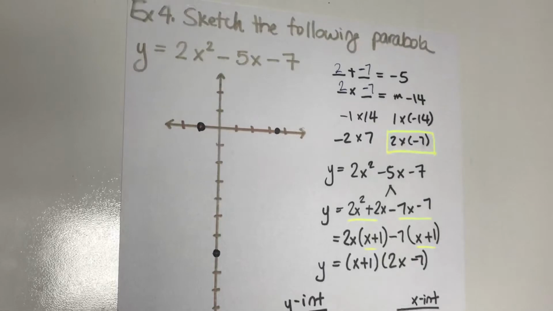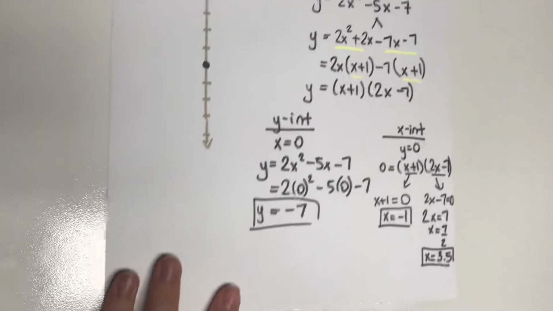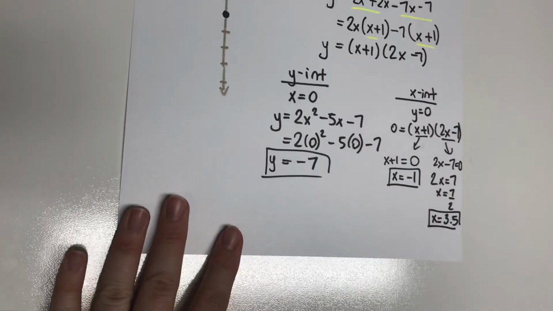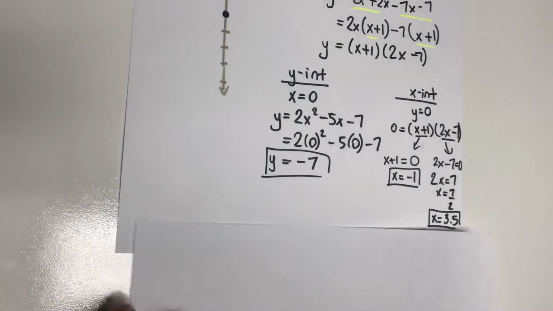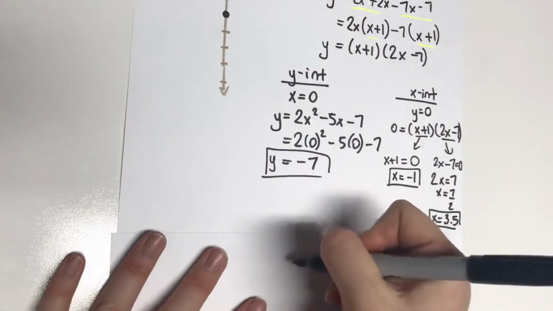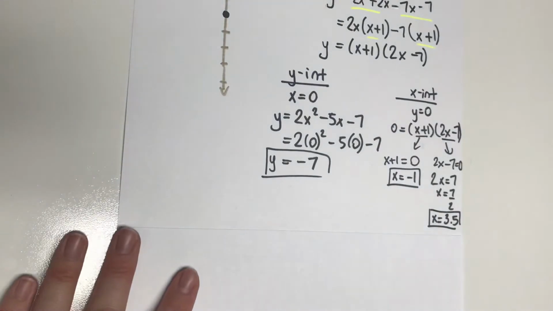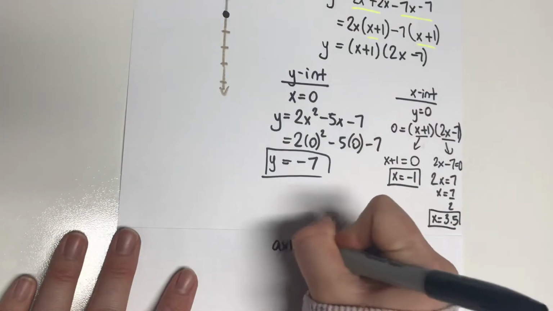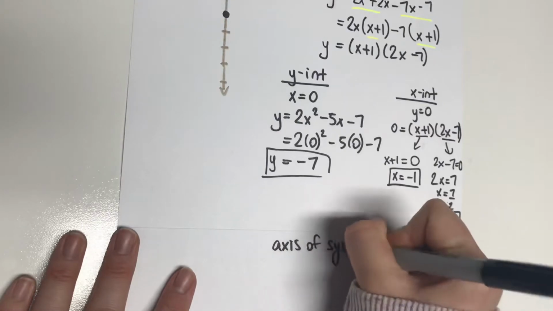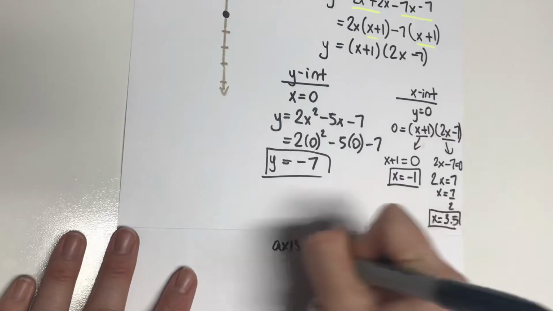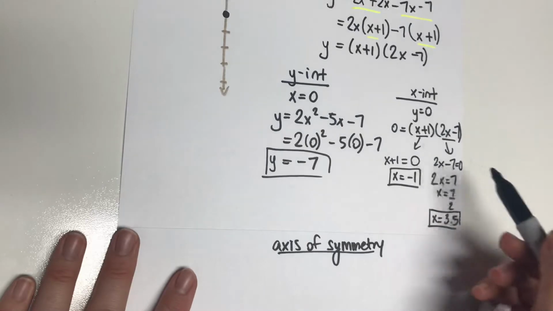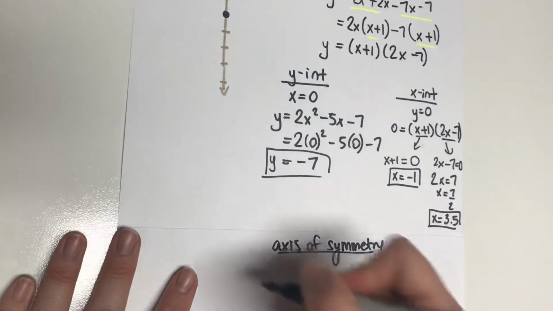Next, I'm looking for my axis of symmetry. You can look at it visually on the graph, but I'm going to need it for my vertex anyway, so I'm going to find it algebraically. For my axis of symmetry, I take my x-intercepts and add them together and divide by 2.